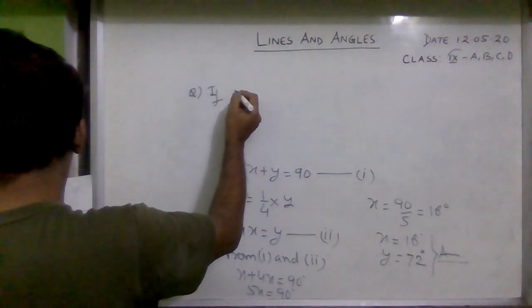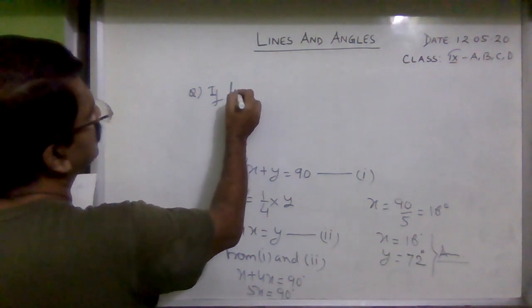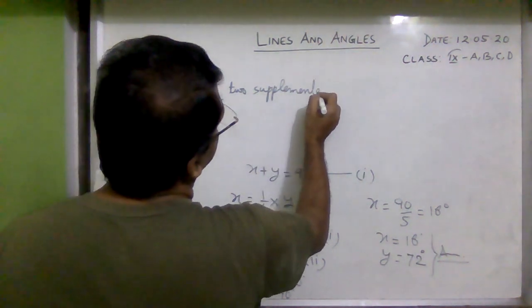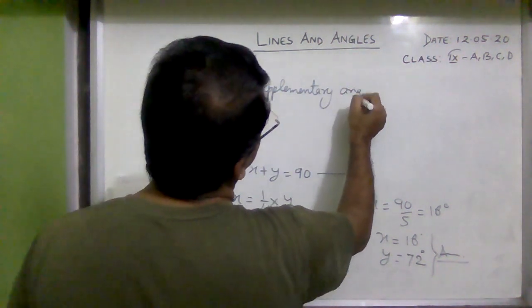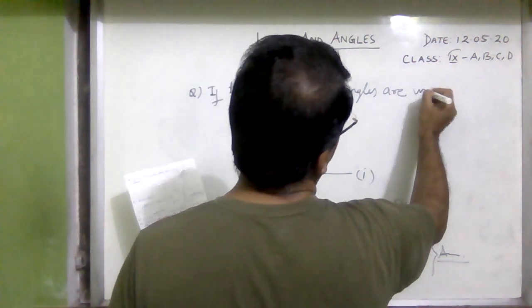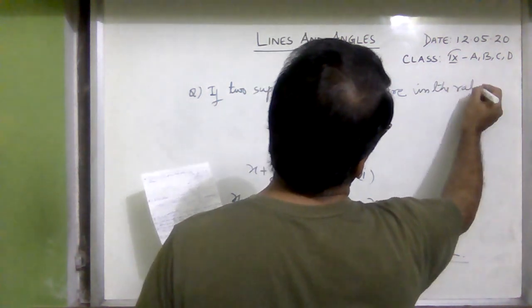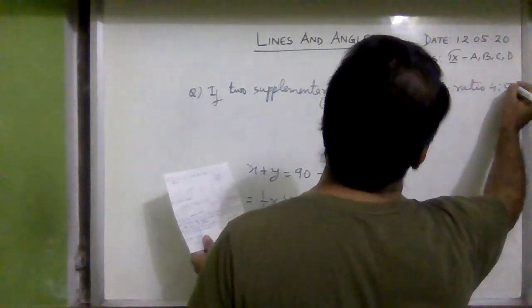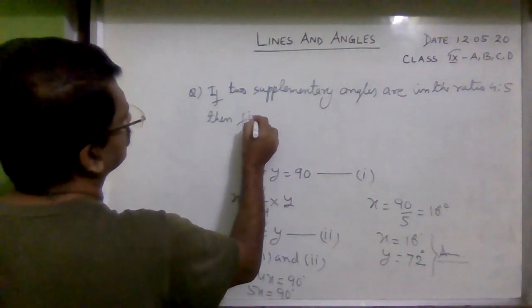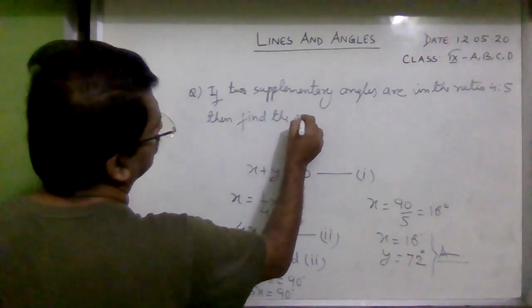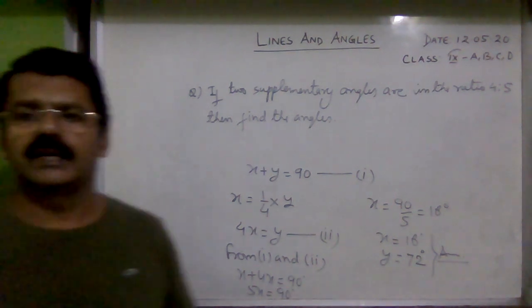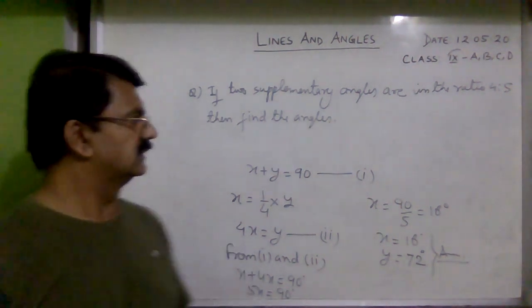If two supplementary angles are in the ratio 4:5, then find the angles.